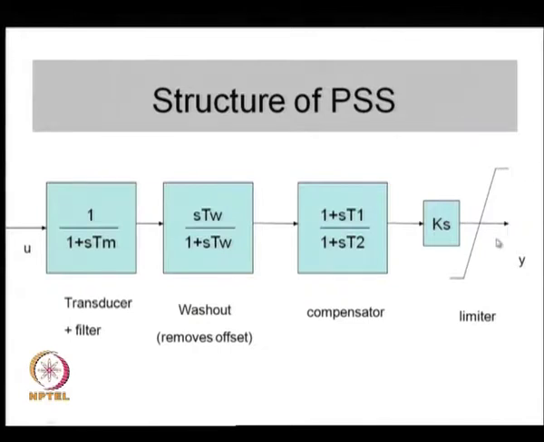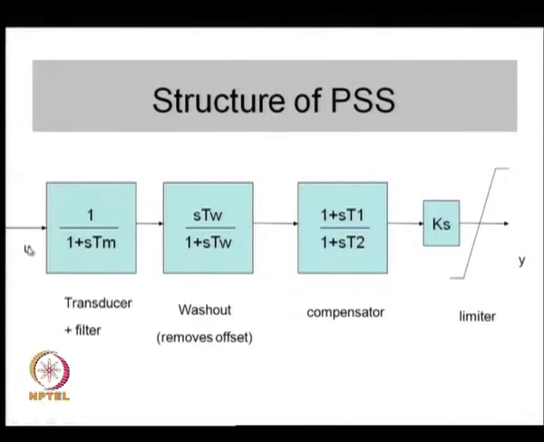So, a limiter essentially ensures that a power system stabilizer improves the small signal stability of the system without interfering with the large disturbance or the basic regulation function of the AVR. Okay. You also have a compensator and a washout block.